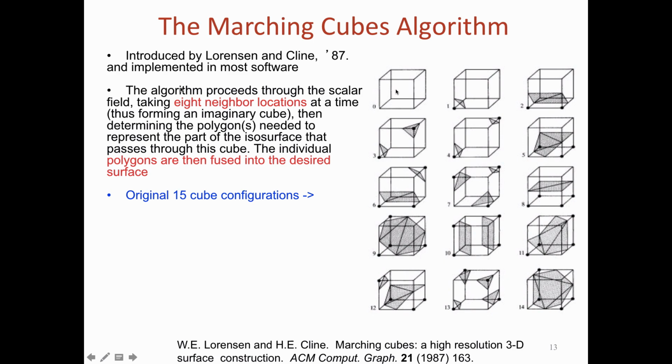But the basic idea is to walk through all of the clusters of 8 neighboring voxels in 3D and find triangulated surfaces, which can be tabulated. All of the possible cases can be tabulated. So find triangulated surfaces that divide one phase from the other.